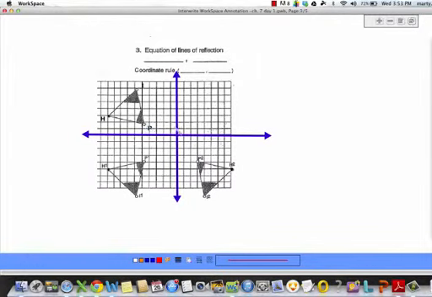I view this as 1, 2, 3, 4, 5, so P is at -5, 2. I'm going to call P1 -5, -4.